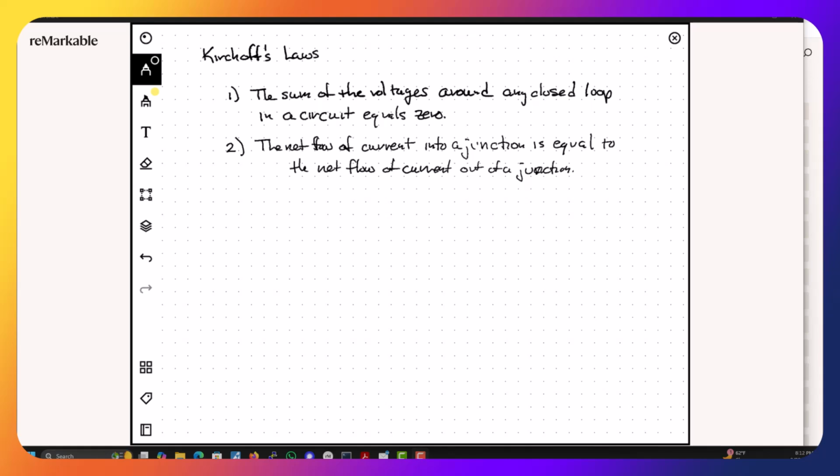So this is really a statement of conservation of charge. The charge can't disappear. It can't appear from nowhere.